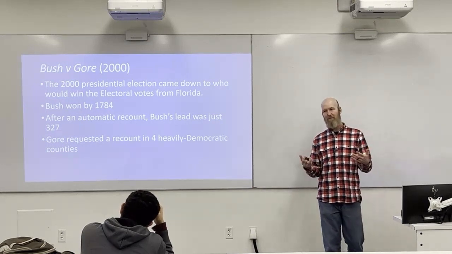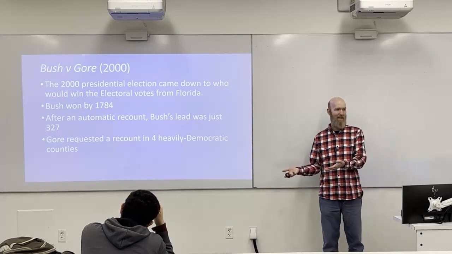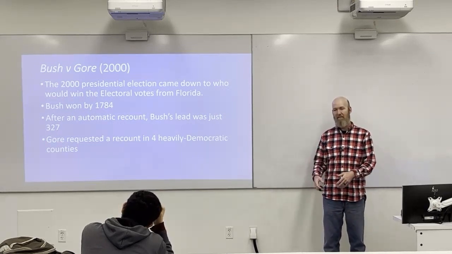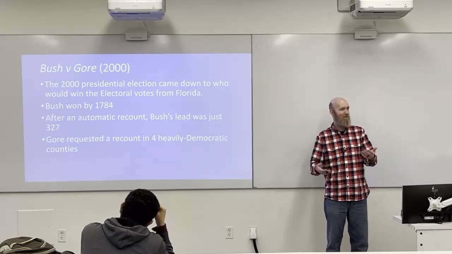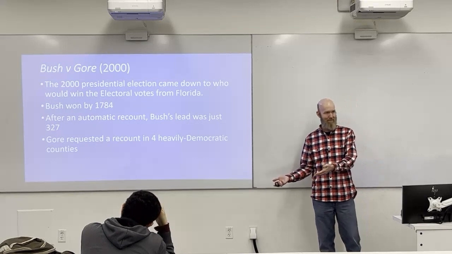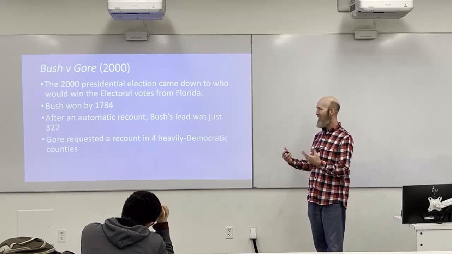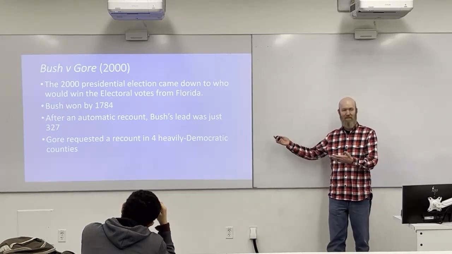So if you assume that Democrats and Republicans are equally likely to mess up the ballot, then if you go back and count all of these, and 70% of the voters are Democrat in that district, then probably 70% of the new votes counted will be Democrat. So Al Gore purposely picked 4 counties that were heavily Democrat, hoping that statistically he's going to get the 327 votes.